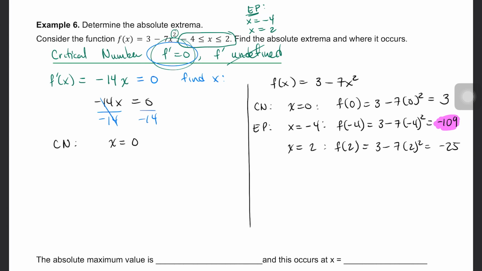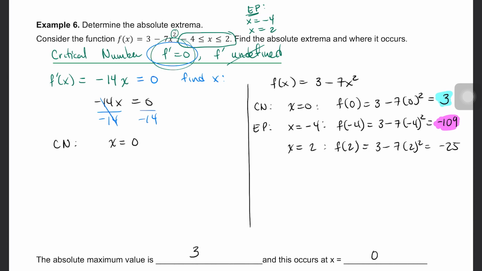Now, between negative 4 and 2, the highest value of the function is going to be 3, and it's going to happen at 0. So at the critical number, you end up having the highest point on the graph. So we'll highlight that: this is the actual absolute max. And there you go, right?